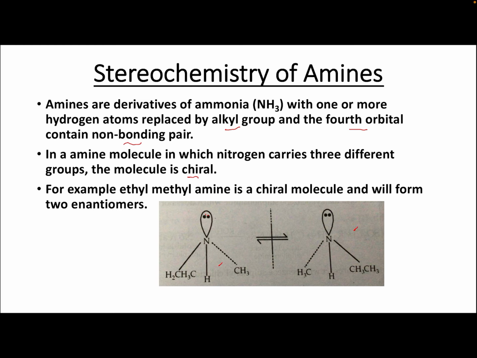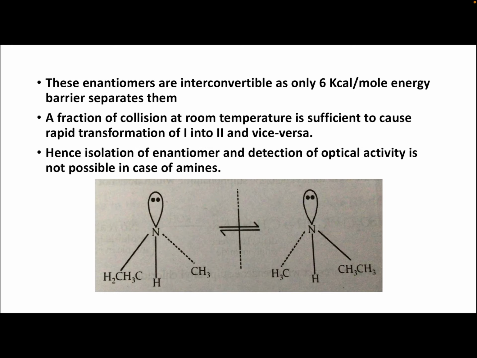You know the definition of enantiomers: 2 optically active compounds which are mirror images of each other are known as enantiomers. So these are the enantiomers, that means they are mirror images of each other and have a chiral nitrogen. These enantiomers are interconvertible as only a 6 kilocalorie per mole energy barrier separates them.